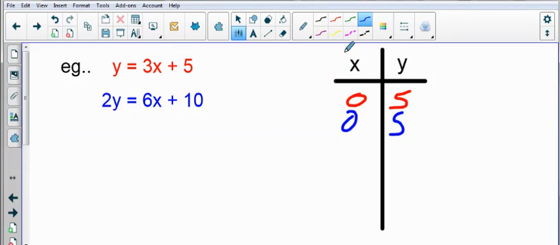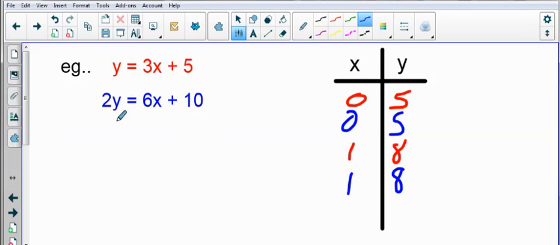Now let's look at another number. Let's make it 1. If x is 1, what's 3 plus 5? It'd be 3 times 1, 3 plus 5 is 8. Let's look at the other one. What if x were 1? 6 times 1 is 6. 6 plus 10 is 16. 2 times what is 16? 2 times 8 is 16. So they would share all of the same points.